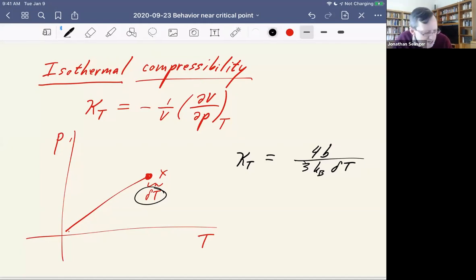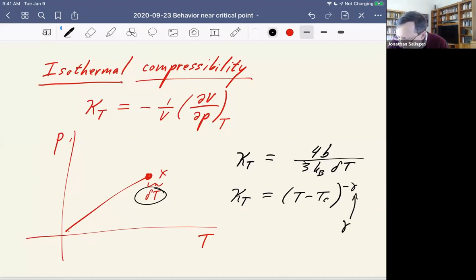This could be written in this critical exponent notation as T minus Tc to the negative gamma power, where gamma is equal to 1. And so this is another critical exponent relation that we can derive from this theory.